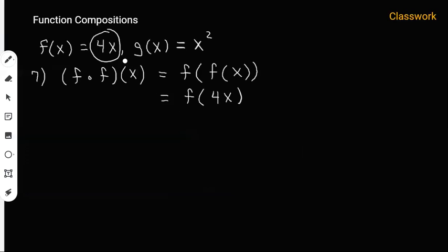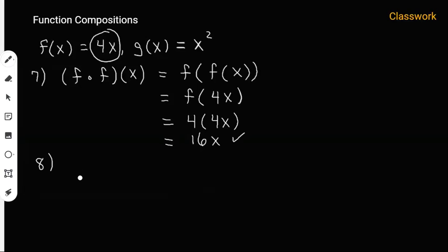What that means is every single x in the function f, I'm going to replace with a 4x. So instead of the x right here beside the 4, I'm going to put a 4x instead. So now I have 4 times 4x, and that's going to give me 16x. And that's my answer.